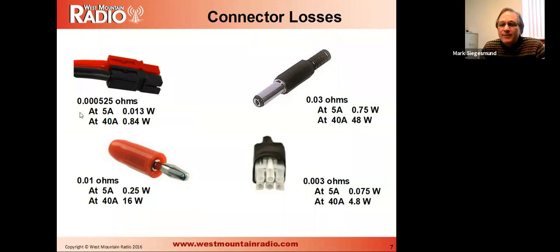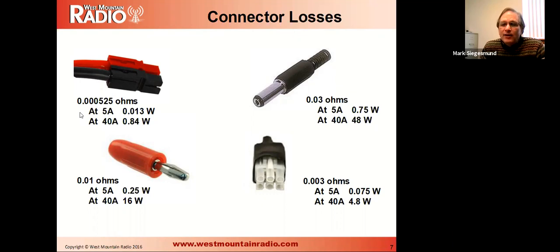So even though the contacts may have a somewhat high resistance, by tripling it, they've reduced the overall heat that the connector is going to generate. At 5 amps, it's 0.075 watts. At 40 amps, it's about 5 watts. And the connector can probably handle that at 5 watts.